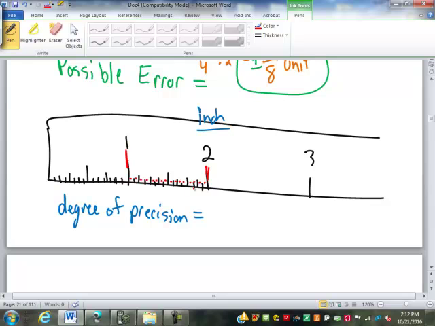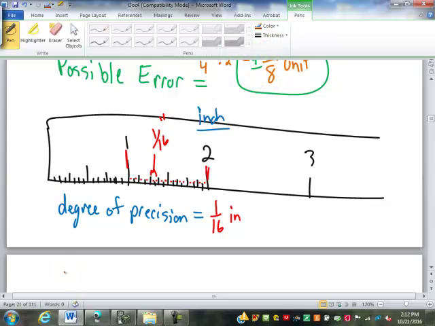There are 16 spaces. That means each space is how big? Perfect. 1/16 of an inch. So the degree of precision of this measuring device is 1/16 of an inch. Its smallest division is 1/16.